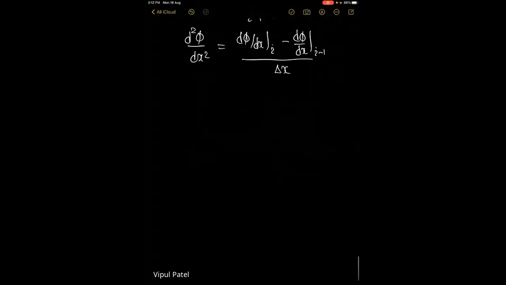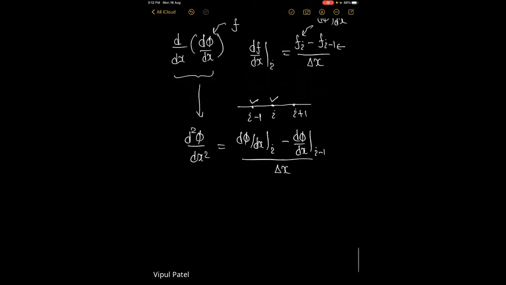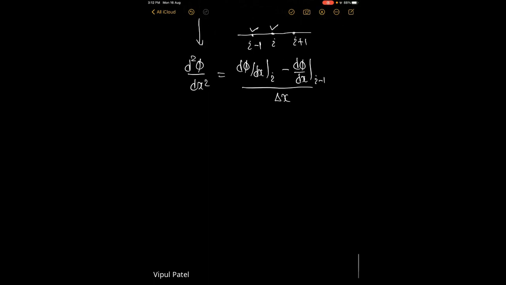Now what we will do, we will express this d phi by dx at I with backward difference approximation. Similarly, d phi by dx at I minus 1 with backward difference approximation. Okay, so I'm just directly putting that value.